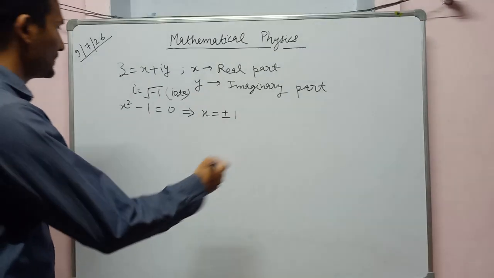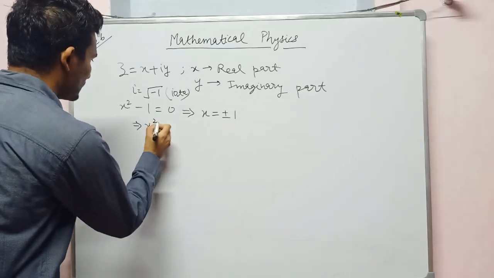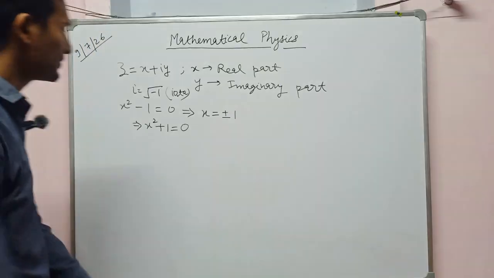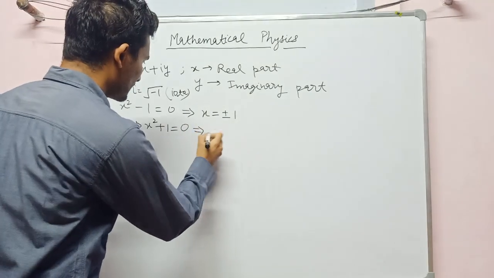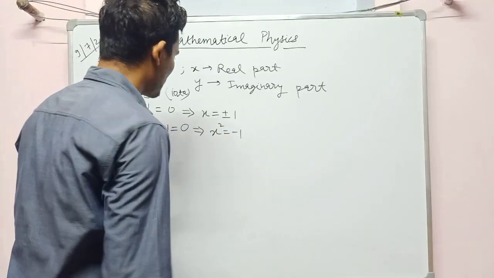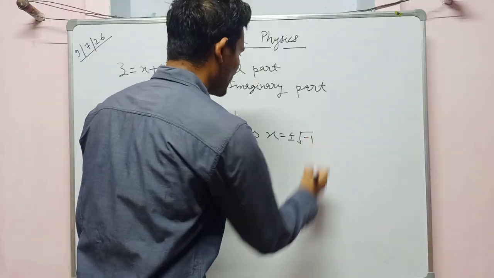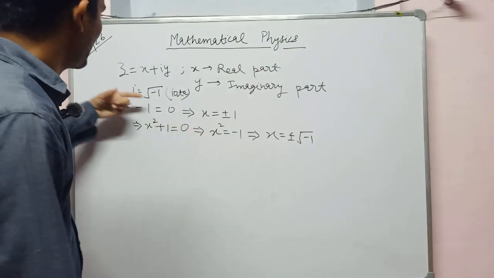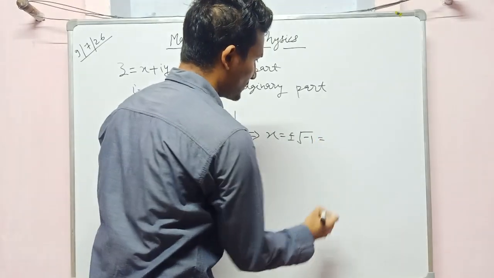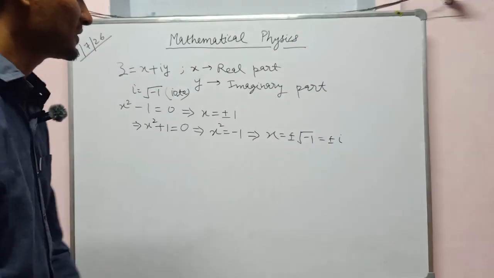But when does the problem come? See, if I introduce a plus sign here instead of minus, what will it look like? x square plus 1 equal to 0. Now if I want to find the roots for x, it will give me x square equal to minus 1, and after that plus minus square root of minus 1. From the very definition of this i, represented as square root of minus 1, it becomes plus minus i, pronounced as plus minus iota.